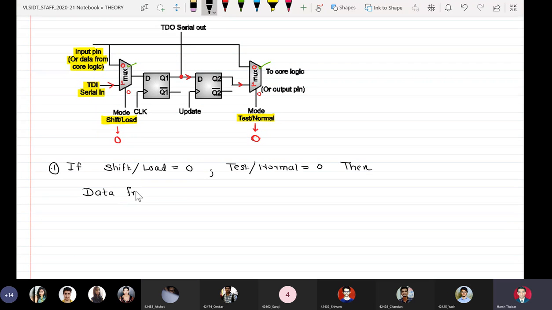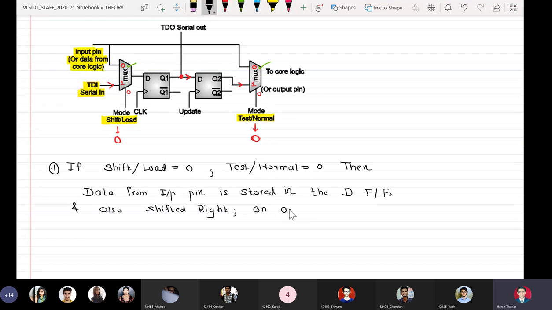data from the input pin is stored in the D flip-flops and also shifted right on arrival of the rising edge of the clock.